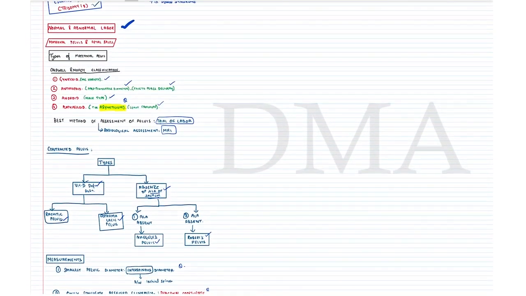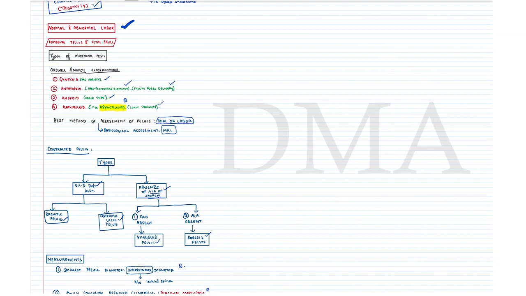On the normal and abnormal labor: the most common pelvis is the gynecoid pelvis. Best method for assessment of pelvis is trial of labor. Radiological assessment is MRI. The pelvis with an anteroposterior diameter greater than the transverse diameter is anthropoid. What are the contracted pelvis types? Naegele pelvis and Robert pelvis are important.